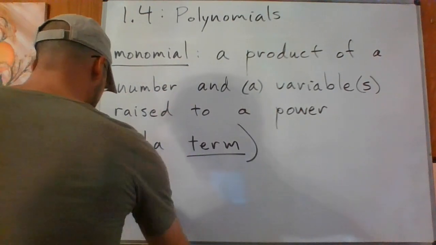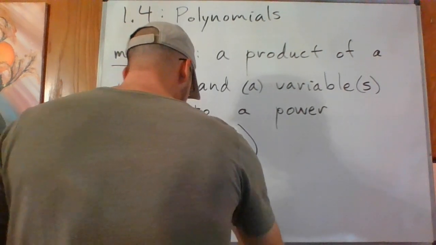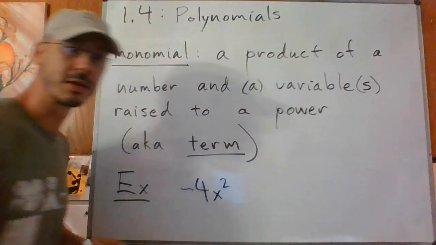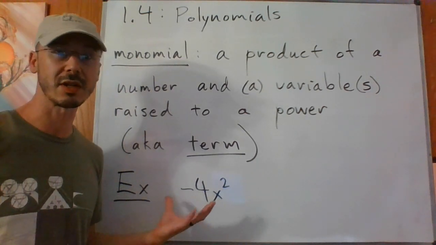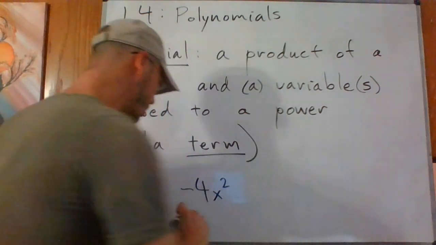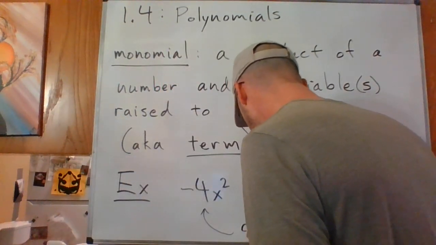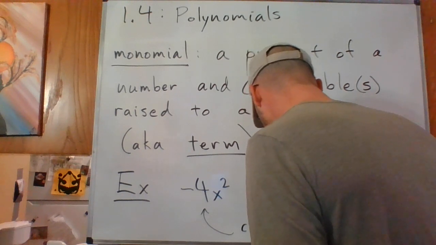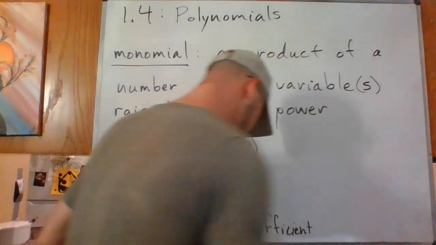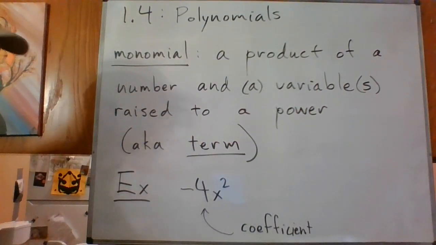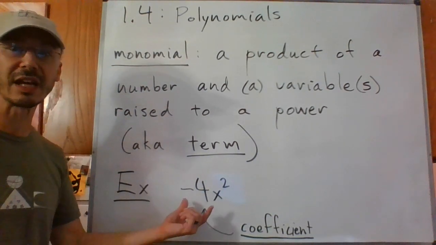So here's, to start with, an example. Negative 4x squared is a monomial, and I want to point out some features of this that are going to carry over when we look at polynomials. This number is the coefficient of the monomial, the number factor, negative 4.